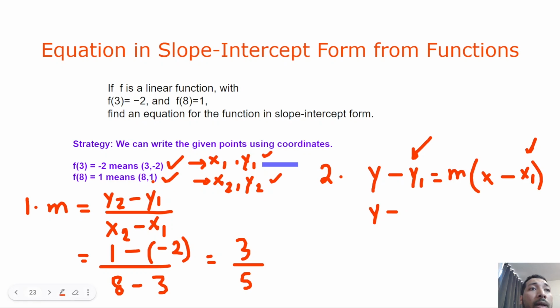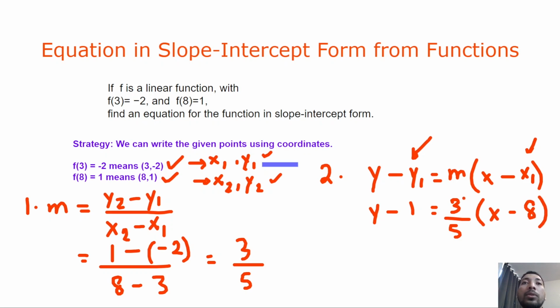So for 8, 1, our y value is 1, so I'll just plug 1 over here, equals m value is 3/5. We have x minus x value is 8. So now we do the distributive property. Y minus 1 equals 3x/5 minus 24/5.